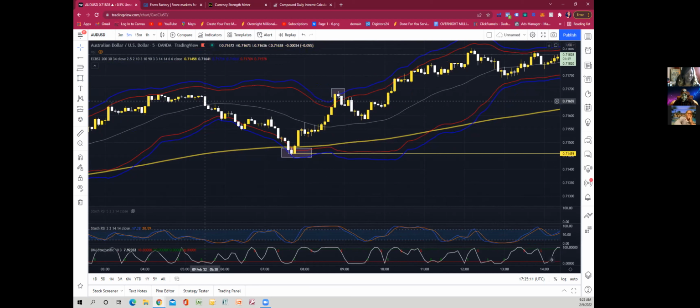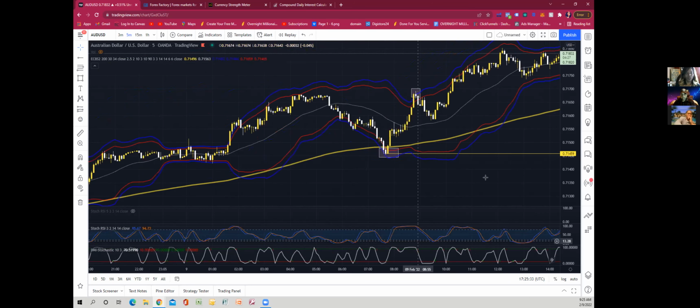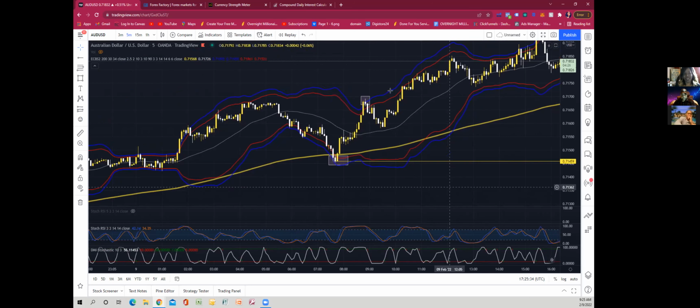And also, as you can see, it's on the top of the Bollinger Bands, also overbought, and it tanks for 1, 2, 3, 4, 5, 6, 7. This is the 5-minute chart. So this strategy is on the 5-minute chart.